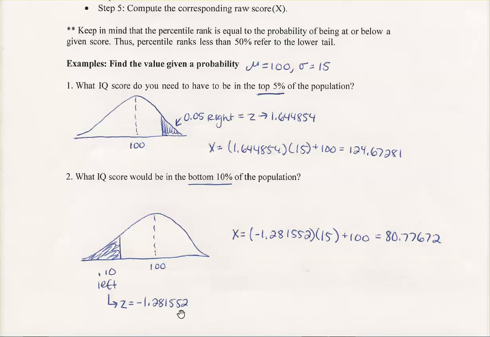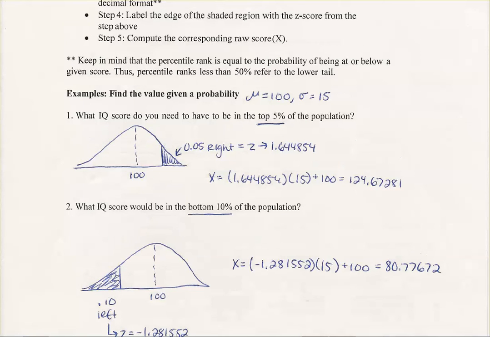Then we plug that z-score in, times 15 plus 100. So to be in the bottom 10% of the population, you would need an IQ score of 80.77672.